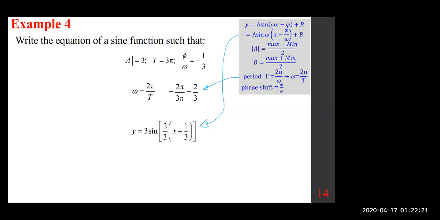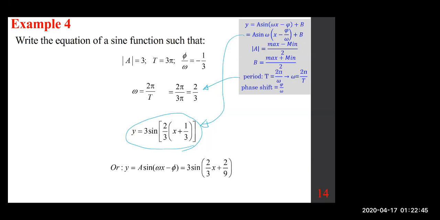But we can multiply the 2/3 by the parentheses. For the sake of graphing, we really need this if we are interested in graphing, not the last. But if we want to put it in that form because they have asked to put it in that form, then you have to multiply.